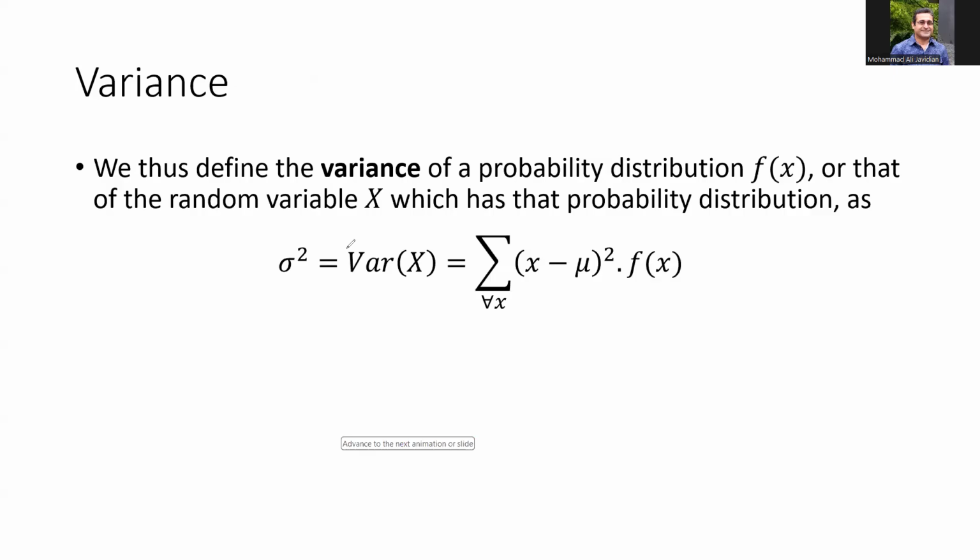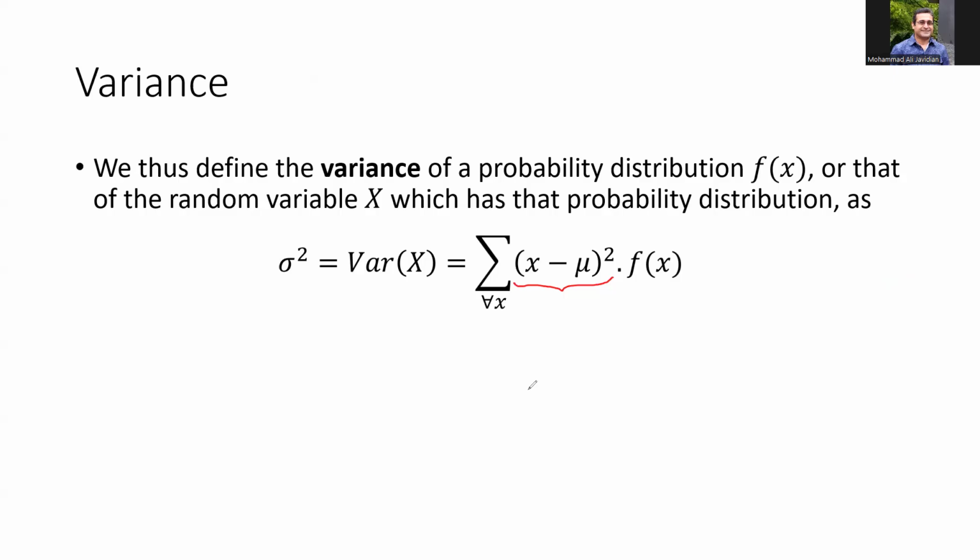It simply means you subtract the mean from the value of x, and you compute the square of that subtraction multiplied by f of x. So the idea is similar to the mean, but instead of x times f of x, you compute x minus mu squared times f of x.